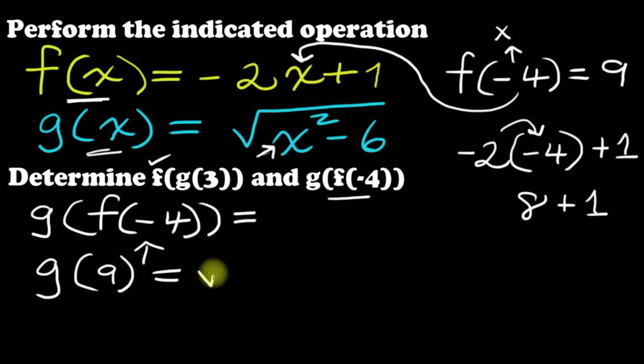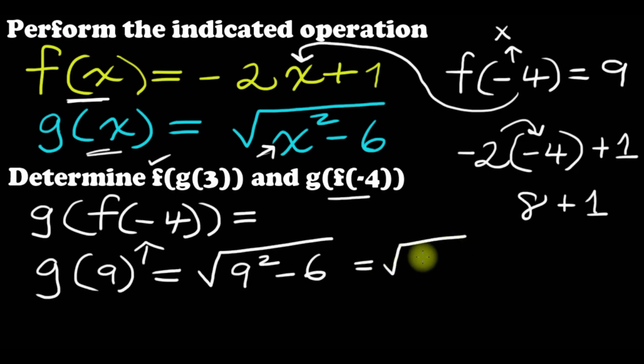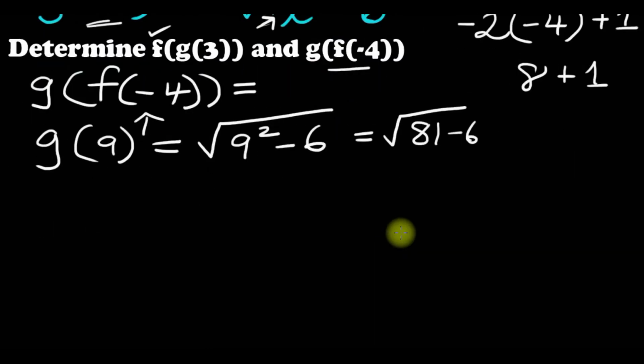So it's going to look like this: square root of 9 squared, take away 6. 9 squared is 9 times 9, that's 81. Minus 6. What's 81 minus 6? That's going to give you square root of 75.